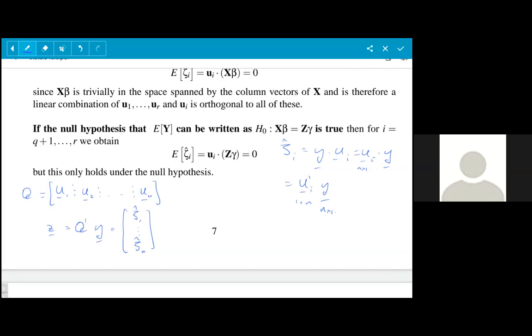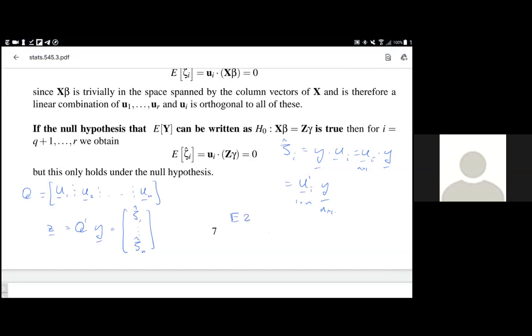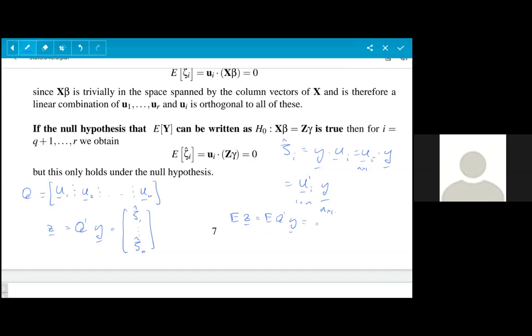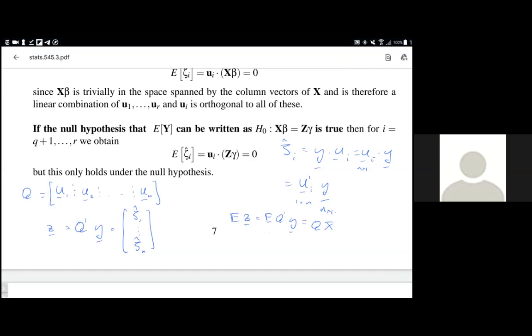And now we know that the expected value of this z vector is the expected value of Q prime Y. So this is equal to Q times the expected value of y, which is X beta.